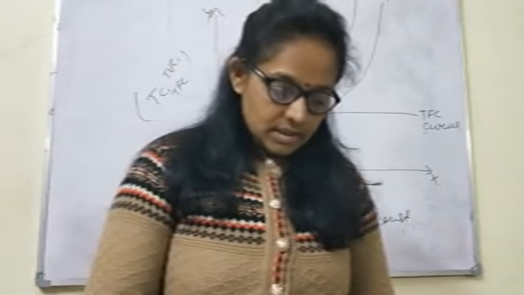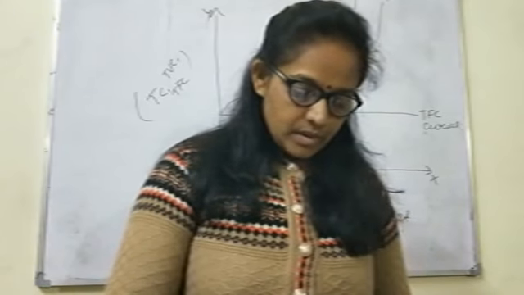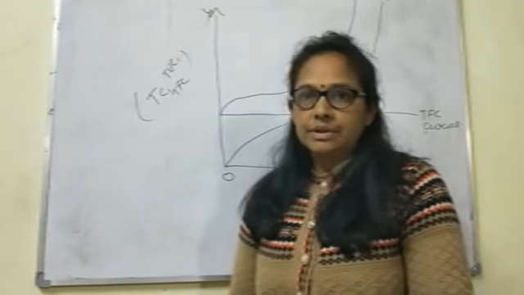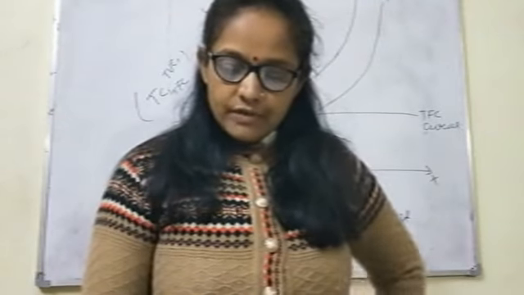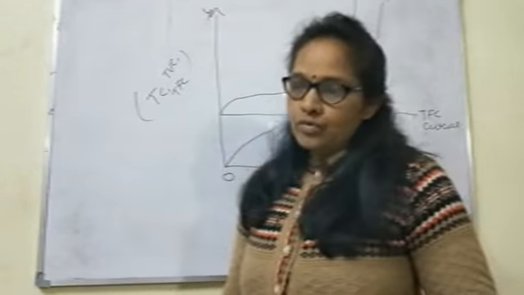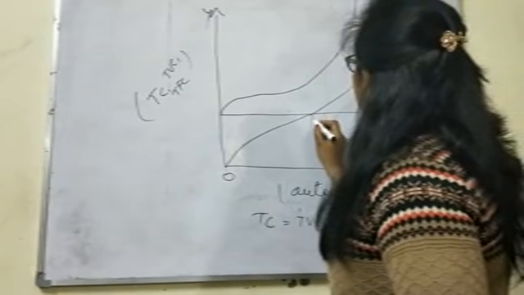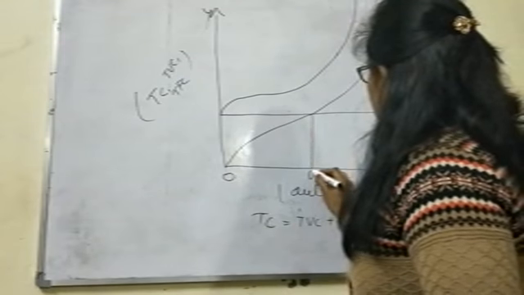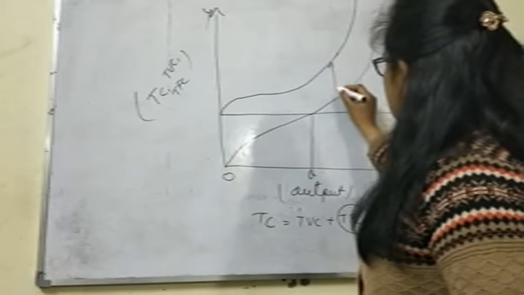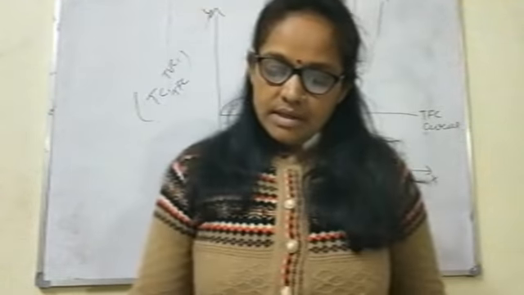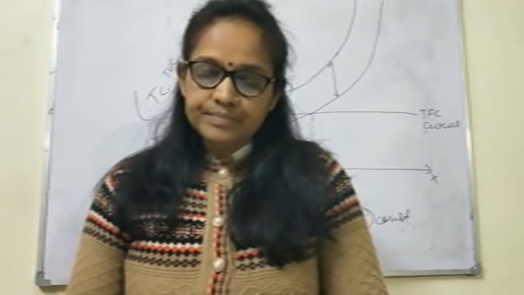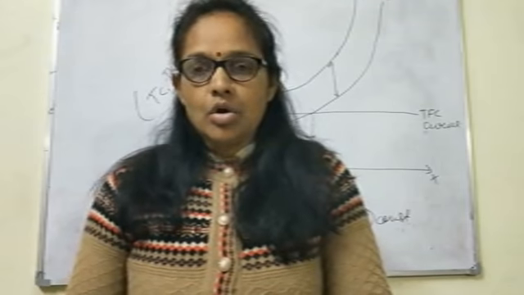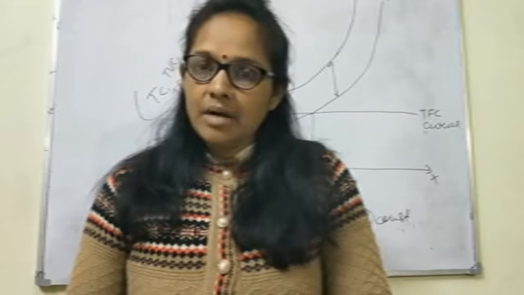The total cost curve is initially concave downwards, and then later it becomes convex.